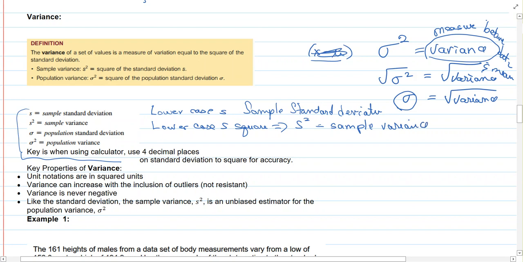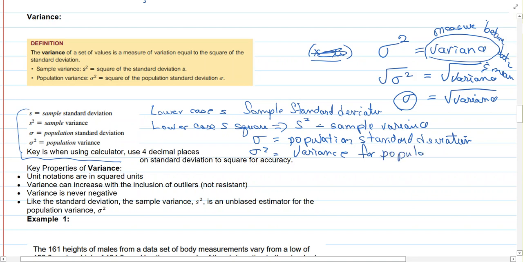All right. Well, then we have the delta, which is the population standard deviation. And of course, delta squared is the variance for the population.